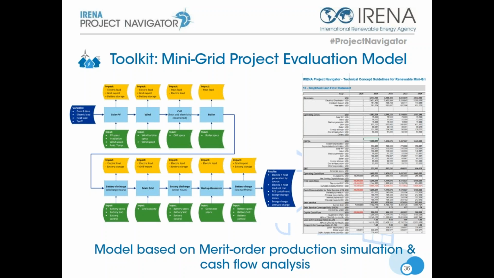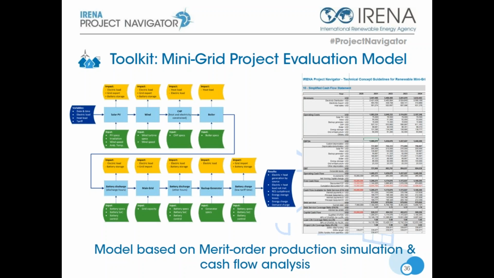So the model is based on a static simulation on an hourly basis of all renewable energy generation systems, including storage and fossil-fueled backup. Backup can also be powered by different fuels like natural gas, diesel, biodiesel, or biomass. Essentially, you will build your system, and then you will be able to perform a simulation on an hourly basis for 25 years, for example, for a 25-year project, and look at how it translates into financial performance.